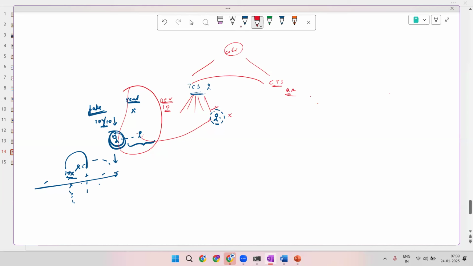Filling one position is as important for the company as it is for a regular developer. Consider a company like TCS that has not filled this position for the past 20 days.